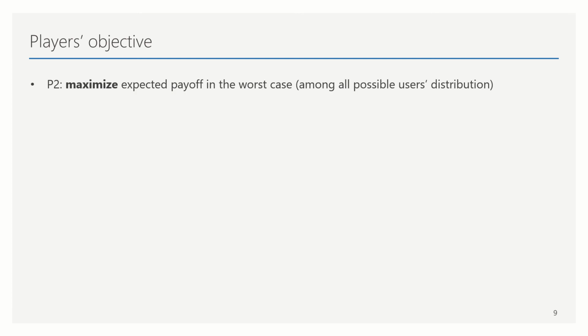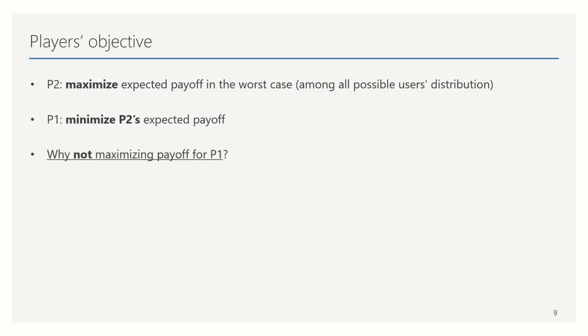We define the objective of P2 as maximizing the expected number of served users among all possible user distributions. And P1's objective is minimizing P2's expected payoff.